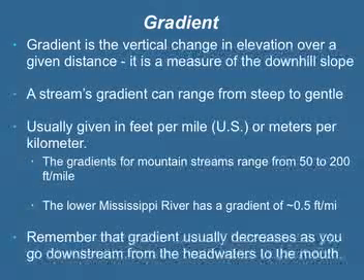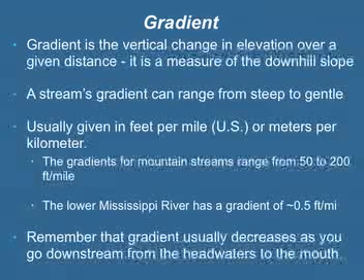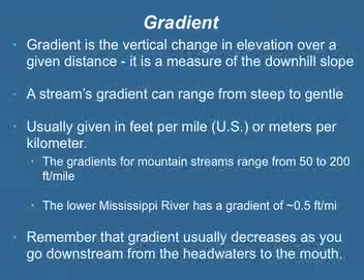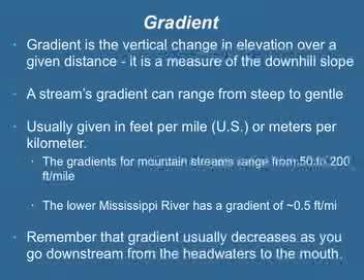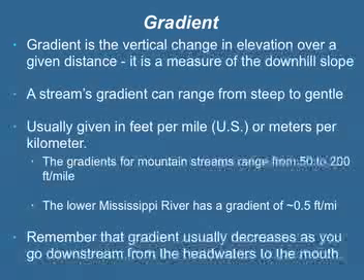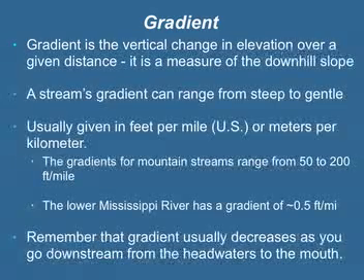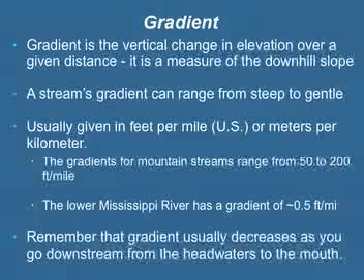But the lower Mississippi, where the Mississippi River enters the Gulf of Mexico, that's kind of special. That is so flat. A half a foot per mile. Remember, we still have to have some sort of a gradient because that stream has to flow downhill. So once again, steepest near the source, flatter as you get down towards the mouth.